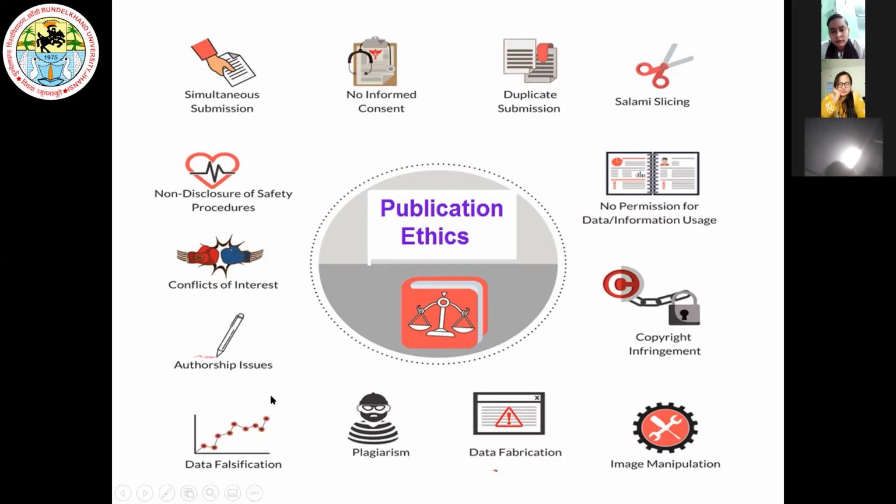So all these factors come under publication ethics. Almost all of them I will describe in detail through subsequent slides.